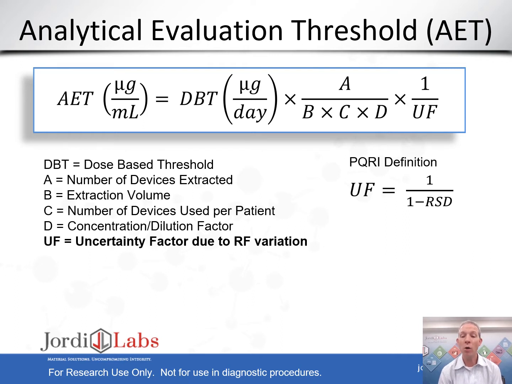Importantly, it also contains a UF, or uncertainty factor. The purpose of the uncertainty factor is to account for response factor variation. Typically, this is defined as UF equals 1 divided by 1 minus RSD, where RSD is the relative standard deviation of the response factors for the distribution of all of the analytes being analyzed by the method.